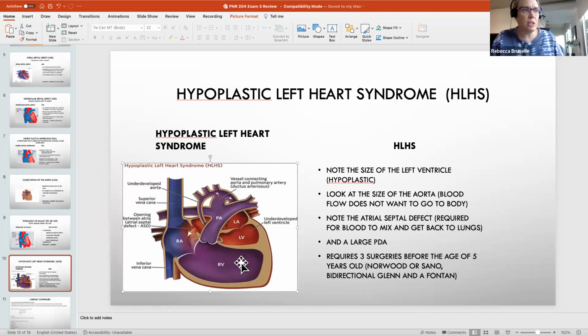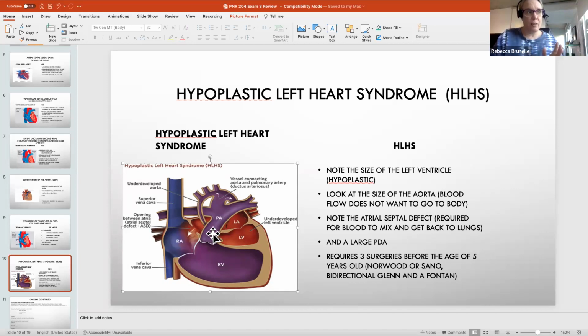So a Norwood procedure is they fuse the pulmonary artery and the aorta. So they make one outflow tract from the heart. They also need to have a VSD also. So they make them have a single ventricle. So they'll have like one big ventricle that's a combination of both their right ventricle and their left ventricle.